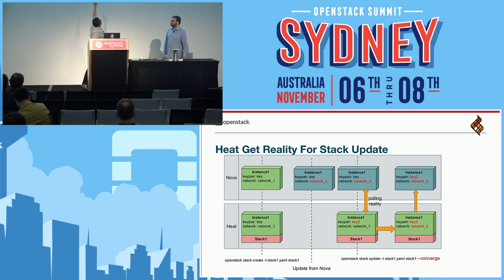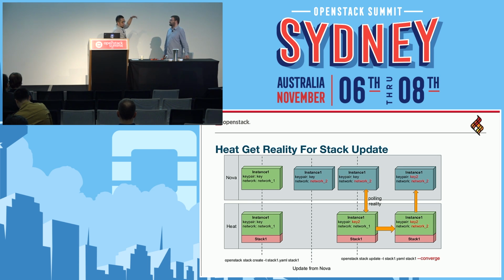Up there is what actually happened inside of Nova, and down there is inside of Heat. So when you try to update, but somebody else, after you created it, changed the Nova instance on their own, by their own behavior.